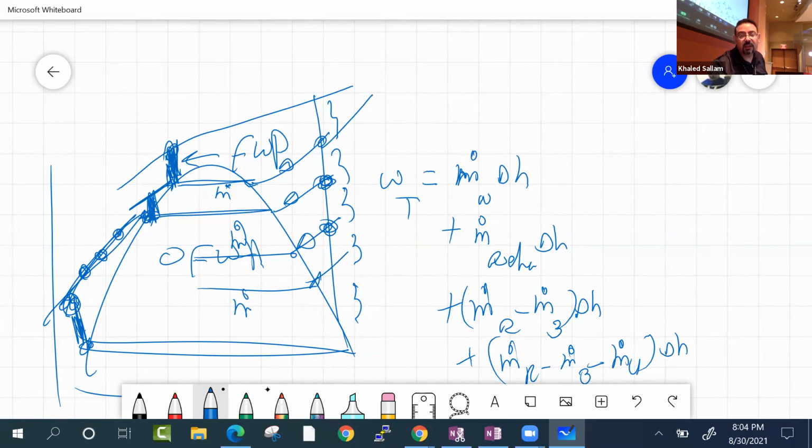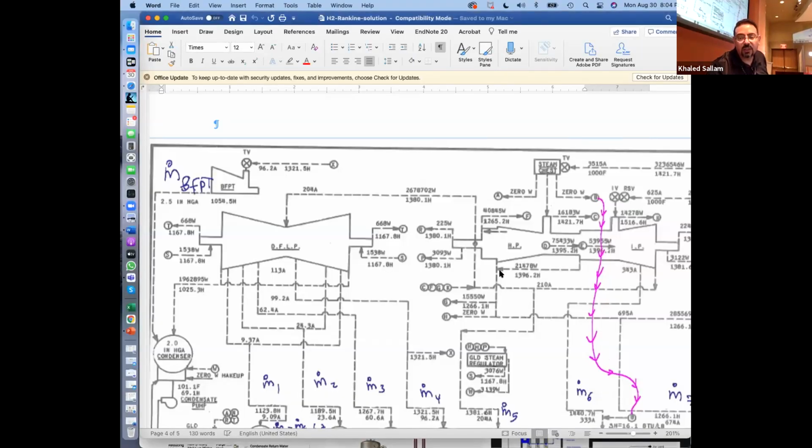That means that I need to go in this drawing and keep tracking what is the H here, 1300, and then what is the H here, 1321. So from here to here I have only this much, and then from here to here I have this much.